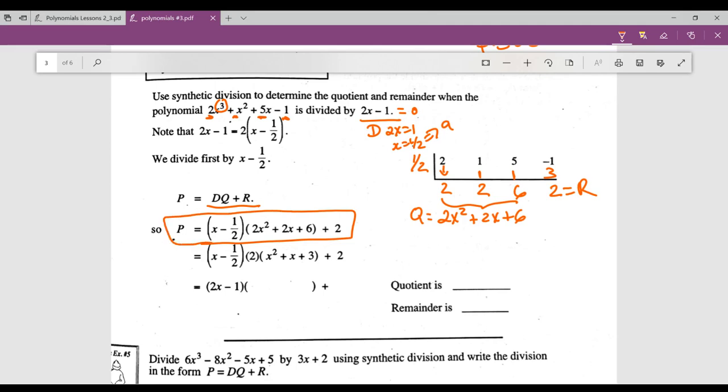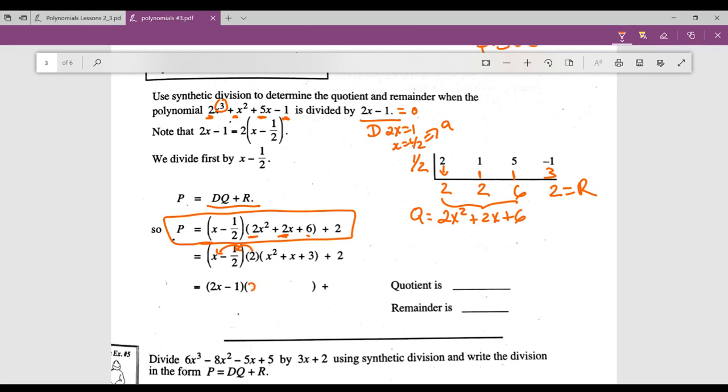Now, people don't like fractions, so what you do is you look at your quotient here. You have a 2, a 2, and a 6. You can factor out a 2 from that, okay, to get x squared plus x plus 3. That 2 then gets multiplied into both of those. 2 times x is 2x, 2 times a half is 1.